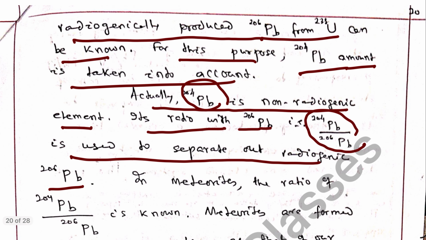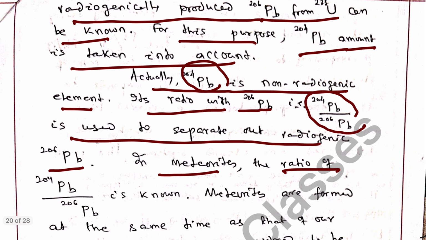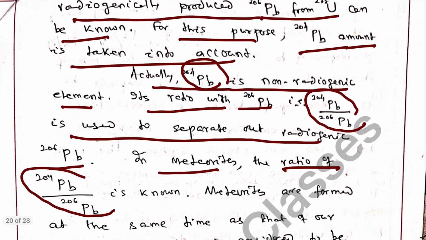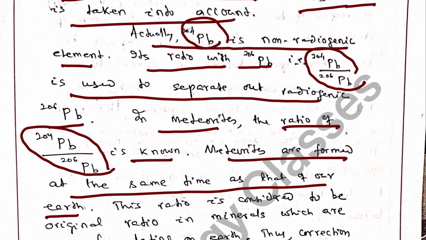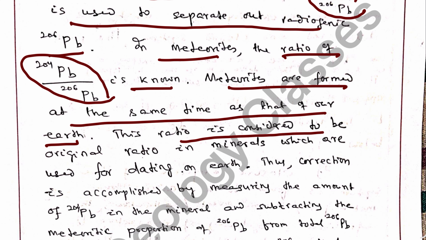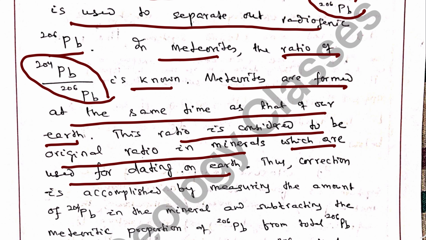radiogenic Pb206. How? In meteorites, the ratio of Pb204 to Pb206 is known. Meteorites are formed at the same time as our Earth. This ratio is considered to be the original ratio in minerals which are used for dating on Earth.